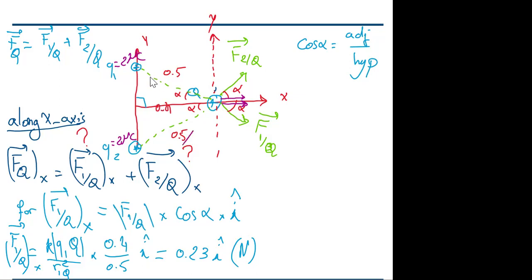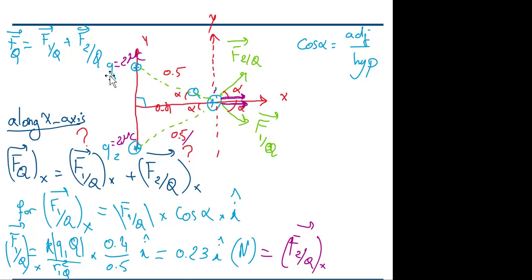Same distance, same charge, same sign, everything is the same. So they have the same x component. So it's F2 on Q along x. What is this vector? It's the same direction and the same magnitude. Okay, clear this point?